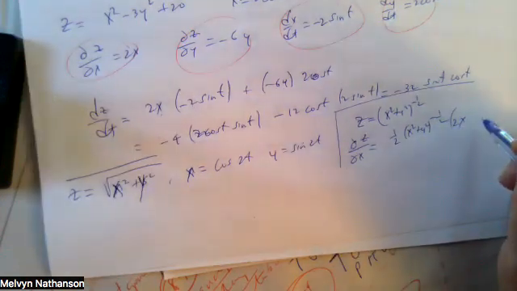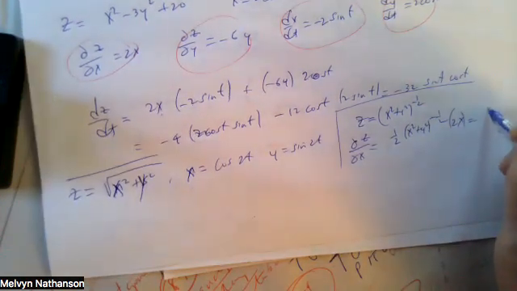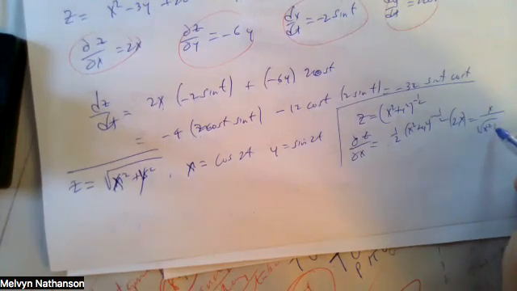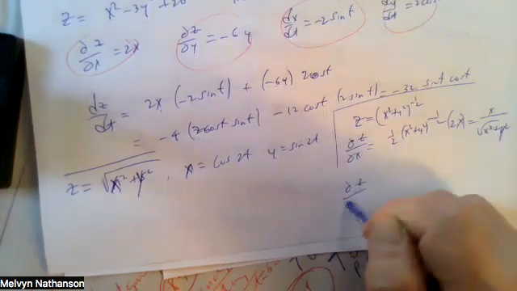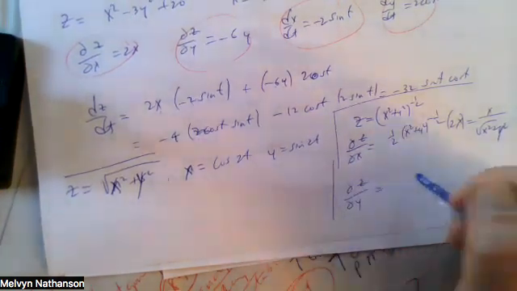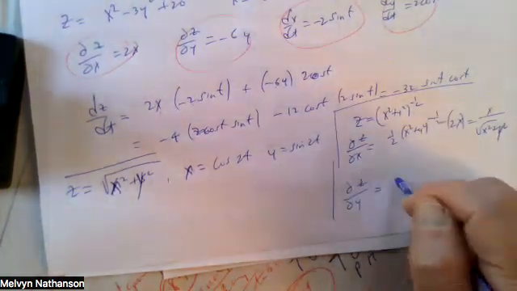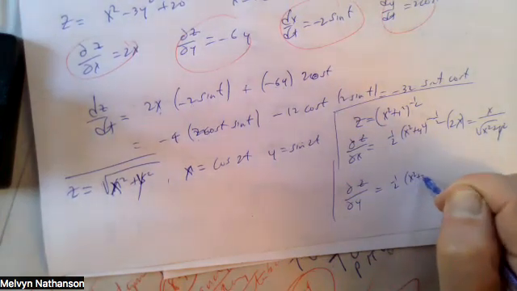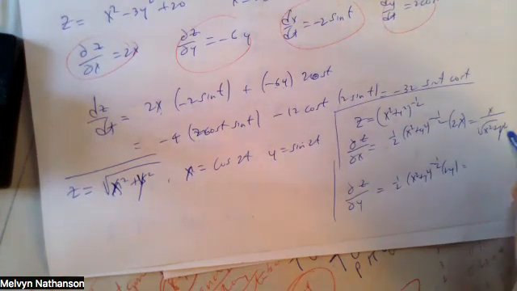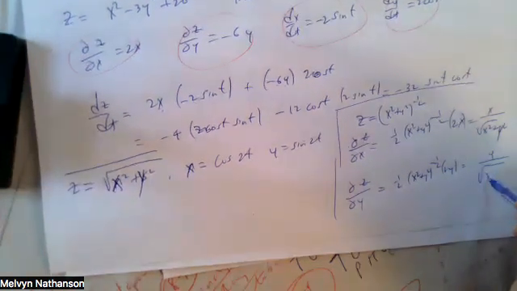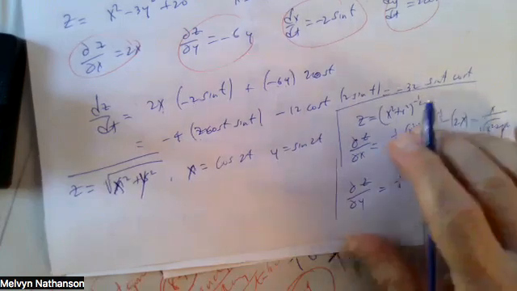The 2 and the 1/2 cancel. We get x over the square root of x squared plus y squared. Partial of z with respect to y is 1/2 x squared plus y squared to the minus 1/2 times 2y, which is y over the square root of x squared plus y squared.